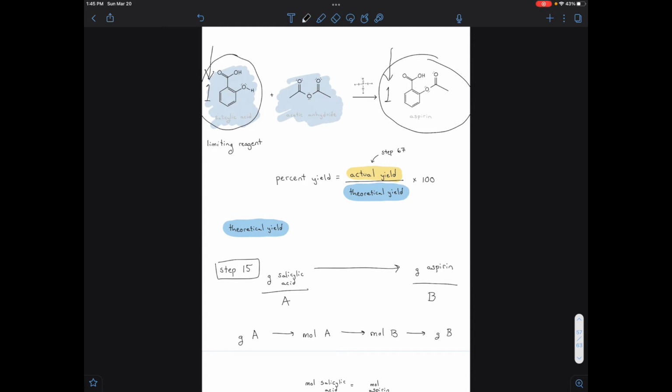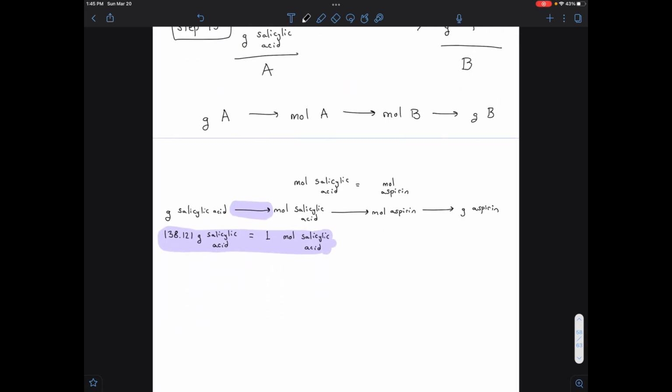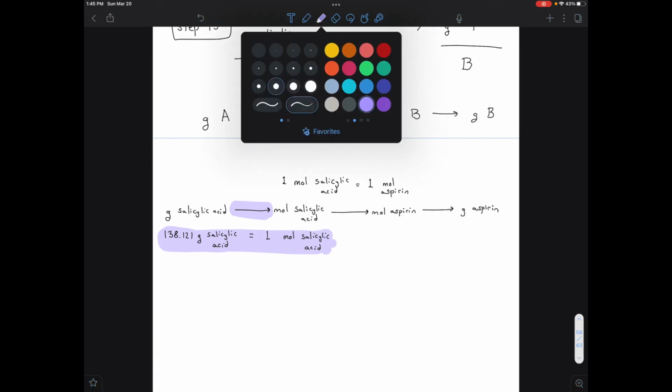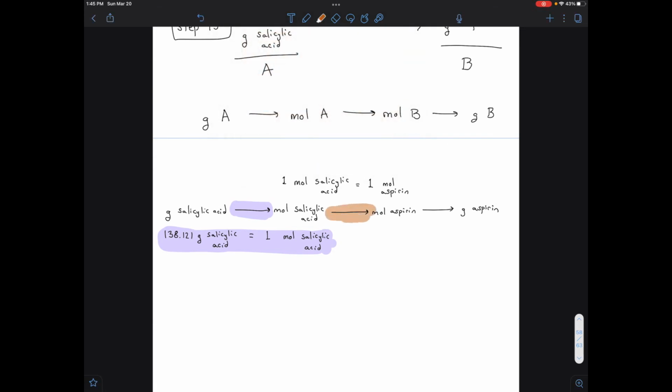So the ratio is for every 1 mole of salicylic acid that you use, you'll make 1 mole of aspirin. So when you relate the moles of one thing to the moles of another, you get those numbers from the coefficients in the balanced equation, that 1 and that 1 there. So that's our second conversion factor.